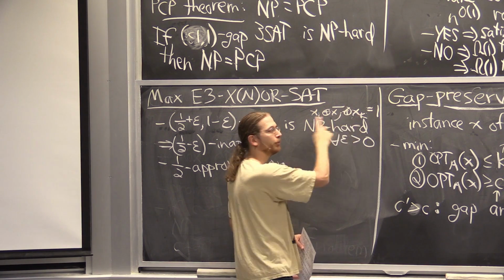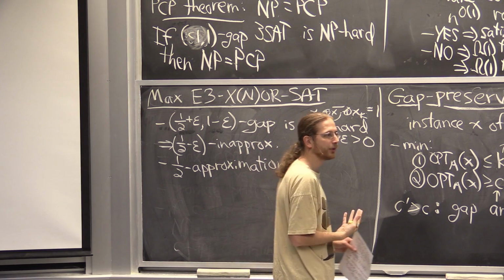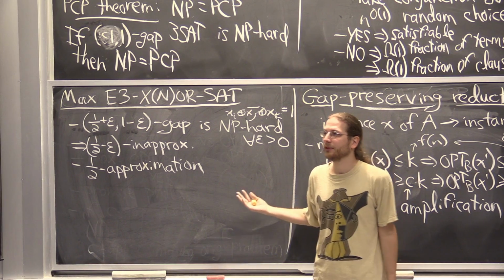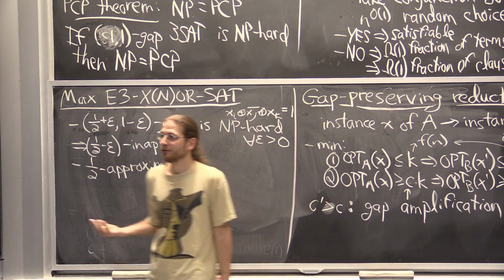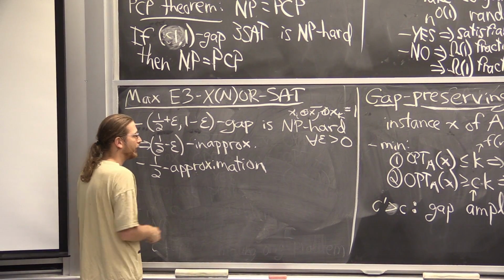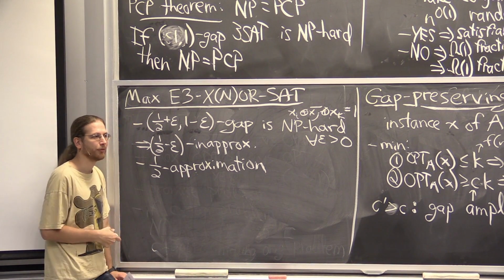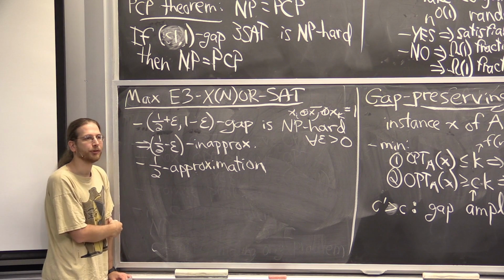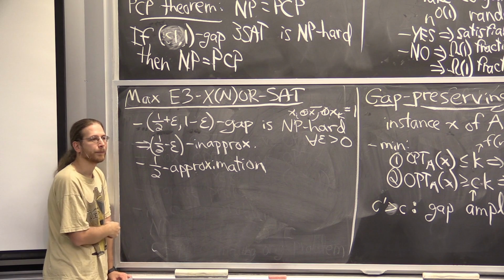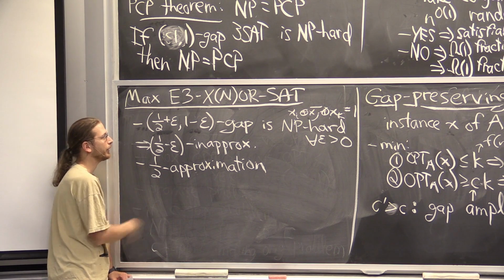With 50% probability this will be satisfied. And so you can always satisfy at least half of the clauses, because this randomized algorithm will satisfy half in expectation. Therefore, in at least one instance, it will do so. If you allow randomized approximation, this is a 1/2 approximation or a 2 approximation, depending on your perspective. So this is really tight.